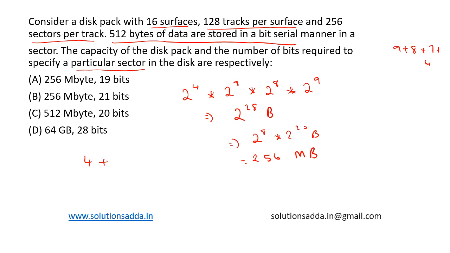Then to identify a particular track within a surface, we need 7 bits because of 128 tracks per surface. Then to identify one particular sector within a track, we need 8 bits because 256 sectors are there. So in total, we have 19 bits. So based on option A, 256 megabytes is the total disk capacity, and to find a particular sector, we need 19 bits.